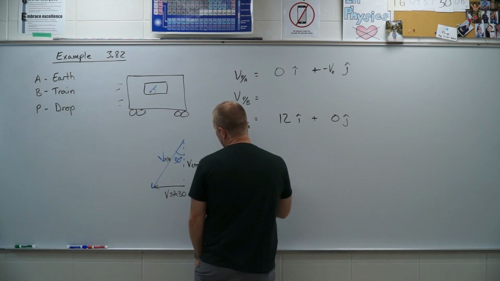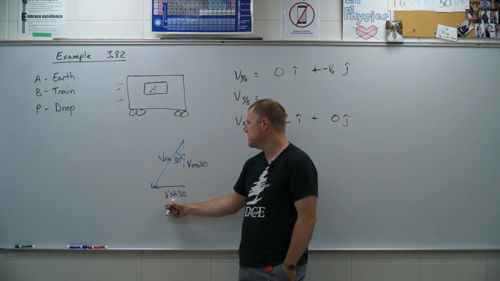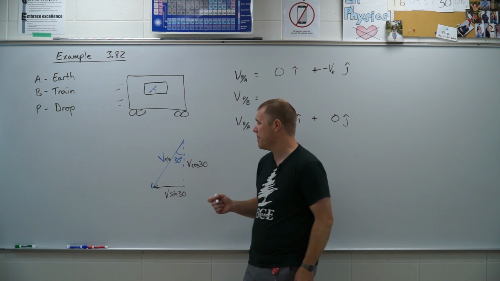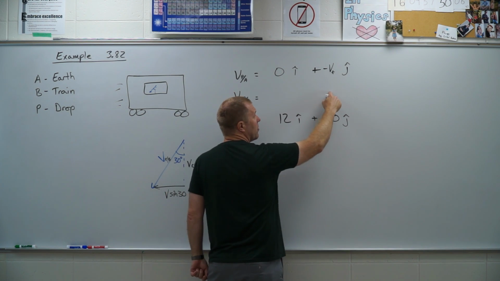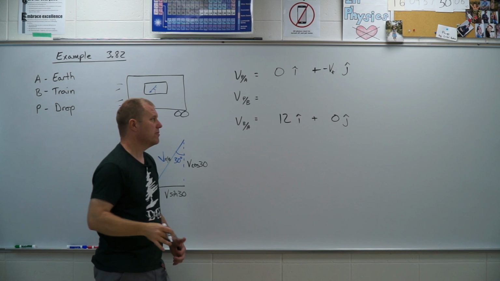The benefit is that I know this number to be 12, so I can figure out what V is. If I know V, I can find the vertical component of the raindrop as well, which is what they're going to ask me to find. So that's going to be our pattern for solving this.